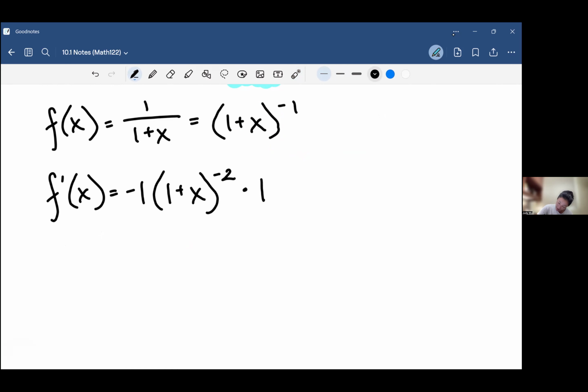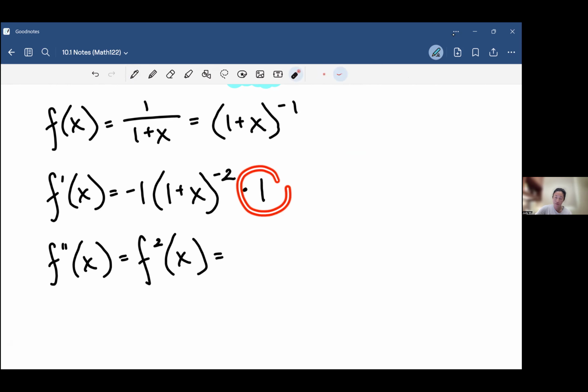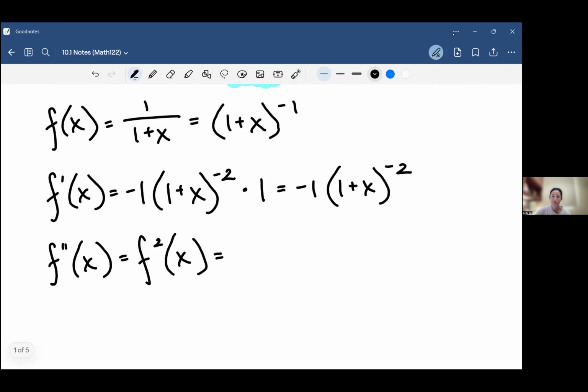Okay. Let's move on to our second derivative, right? So we write this as f double prime, but we're going to start writing it as f with a little 2 up there. And what I'm going to do, I know times 1 doesn't change anything, right? So technically, I could have just written this -1 times 1 plus x to the -2. All right. Now I'm going to use my power rule again to take that second derivative.